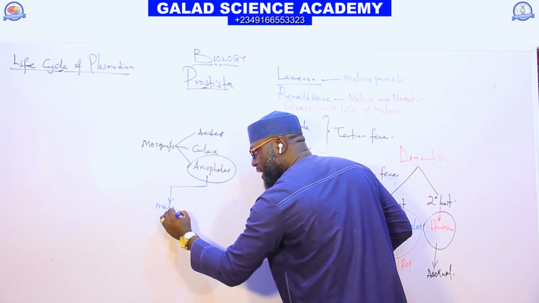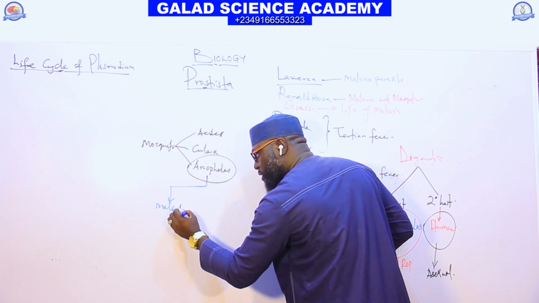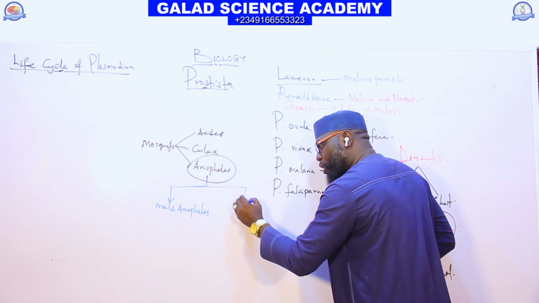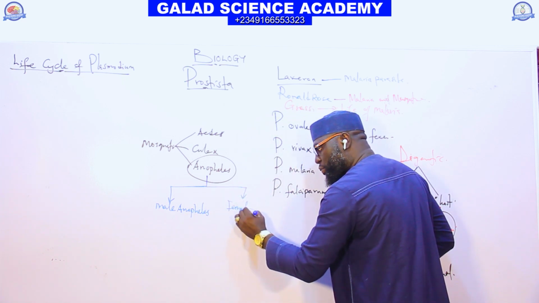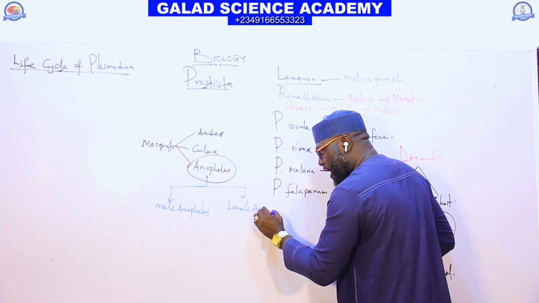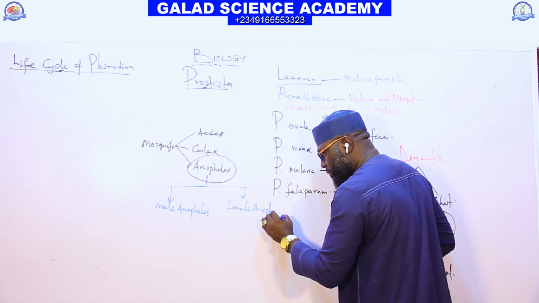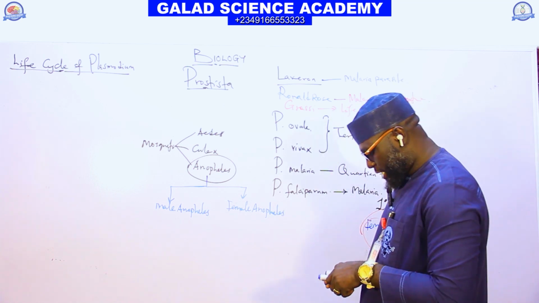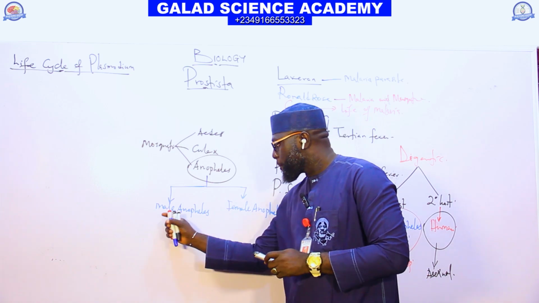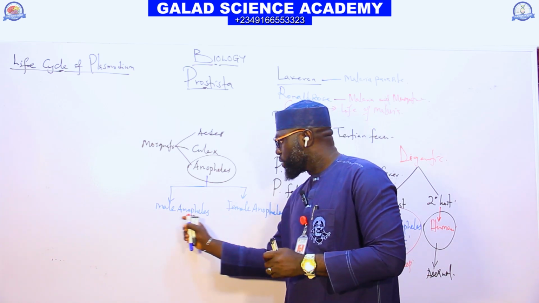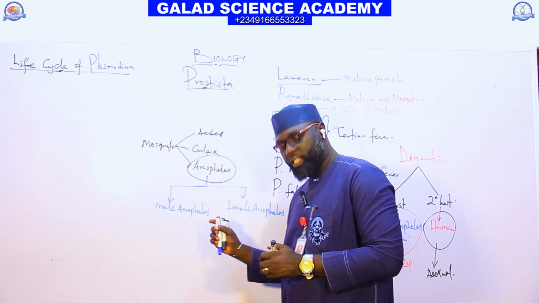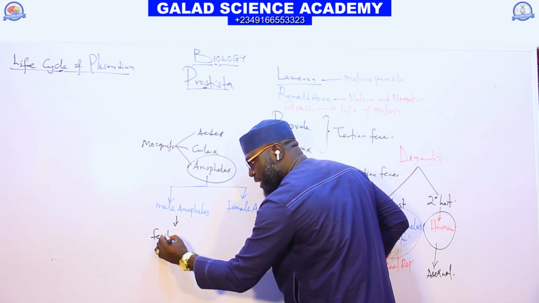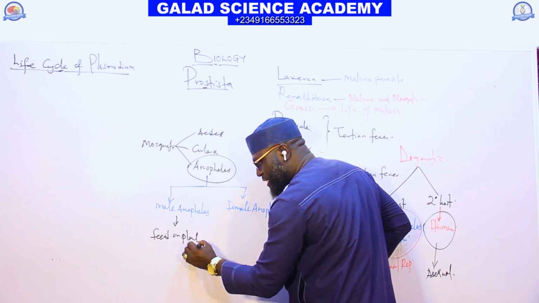This Anopheles mosquito is divided into two. We have the male Anopheles mosquito and the female Anopheles mosquito. The male Anopheles mosquito feeds on plant juice.